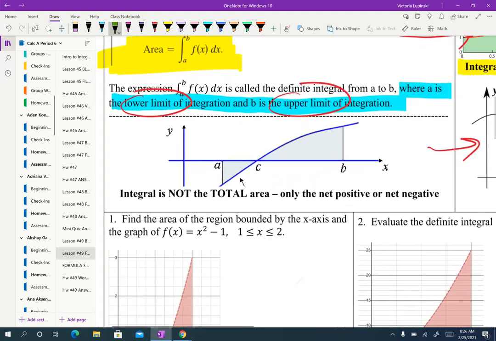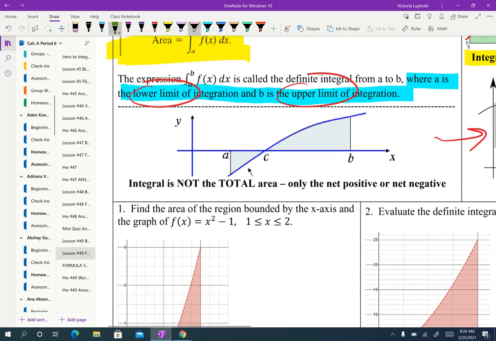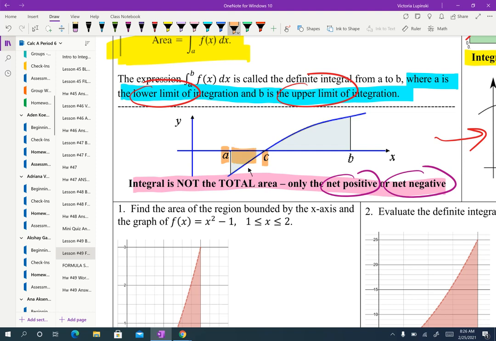So what is it going to look like if it's not the total area? Well, let's take a look at this example. Here, the integral is not the total area, but only the net positive or the net negative. Remember, whenever you're talking about area, you're talking about the region between the curve and the x-axis. So from A to C, that region happens to be below the x-axis. That means you're going to get a negative answer for that region.